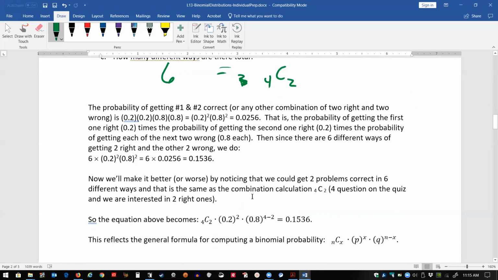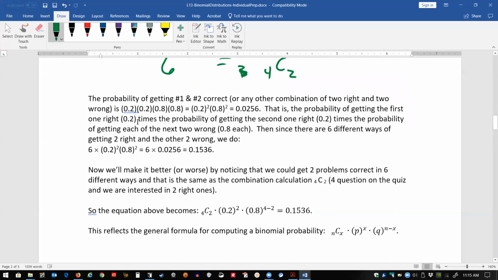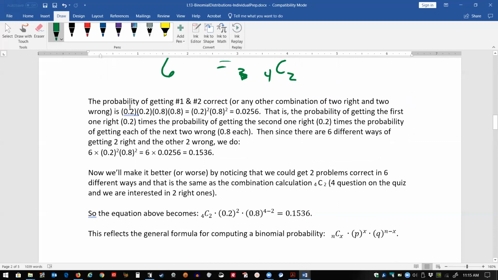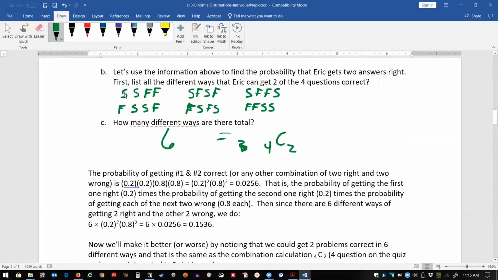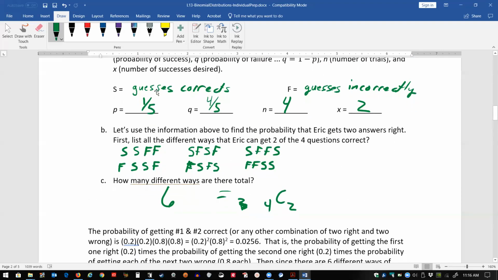So in this instance, we could find the probability of each of these 6 outcomes. So a 0.2 chance of getting the first one correct, 0.2 chance of getting the second question right, a 0.8 chance of getting the third one incorrect, a 0.8 chance of getting the fourth one incorrect, and we can multiply those together.